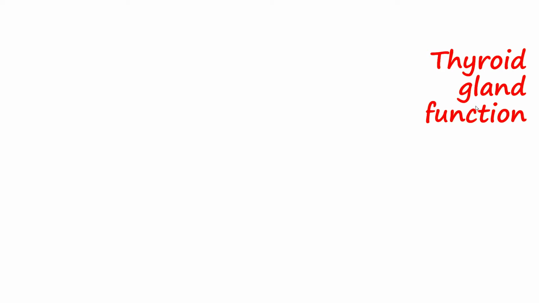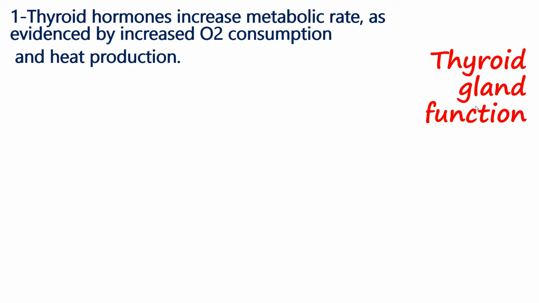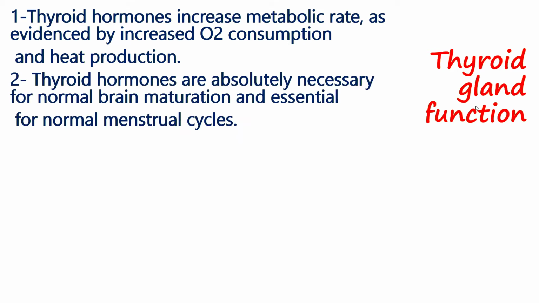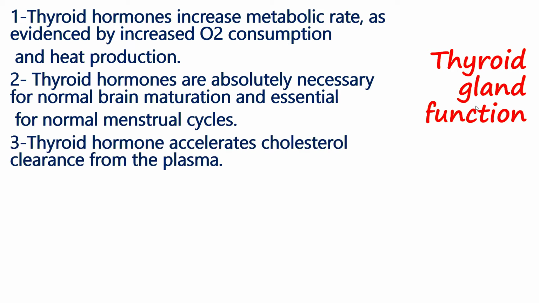As regards the thyroid function, the thyroid hormones increase metabolic rate, increasing the oxygen consumption and heat production. They are absolutely necessary for normal brain maturation, usually occurring in the first 2 years of life, and are essential for the normal menstrual cycles. Thyroid hormones also accelerate the cholesterol clearance from the plasma.